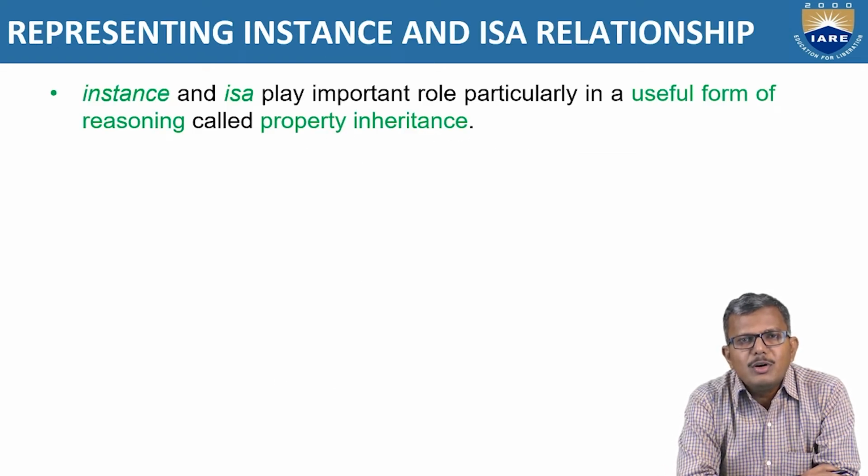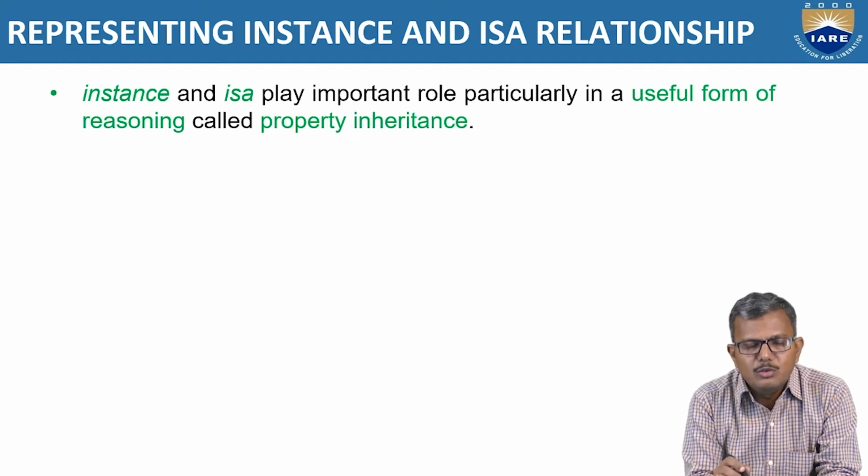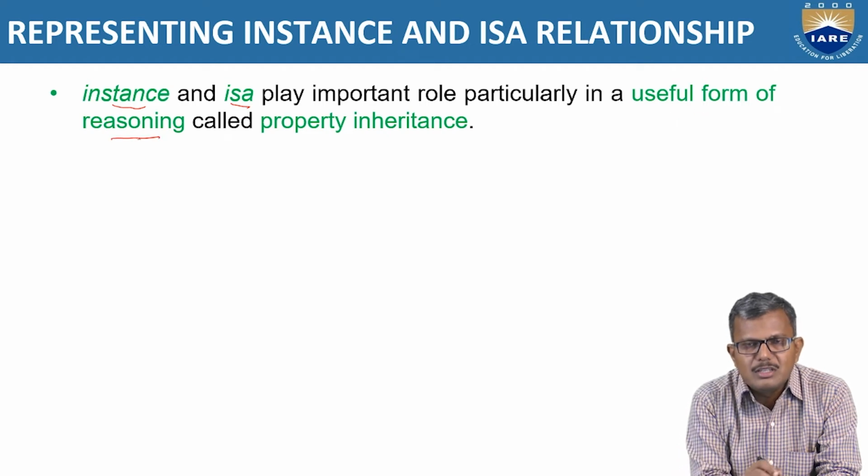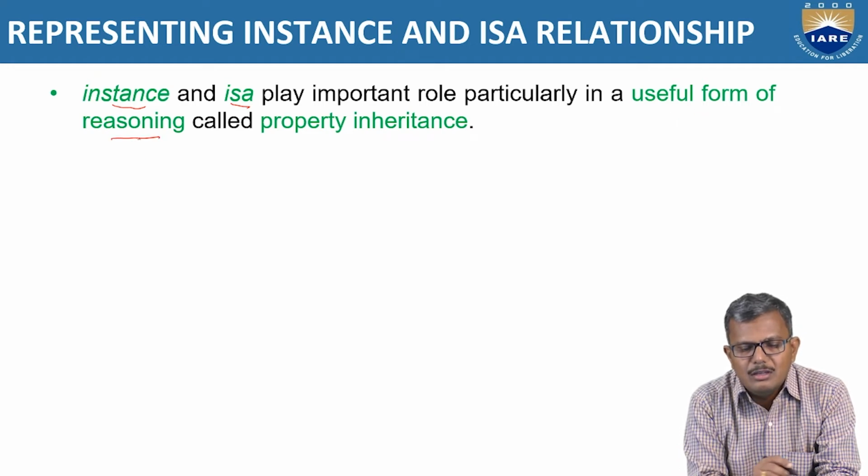Coming to the most important attributes in predicate logic. When you are talking about predicate logic, two important attributes come into the picture, which are called instance and isa. These two attributes are used in order to implement reasoning, which is called property inheritance.